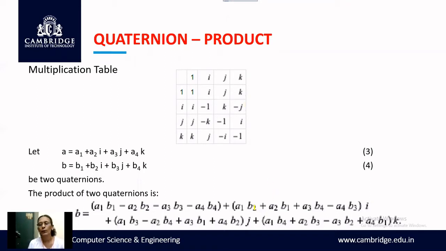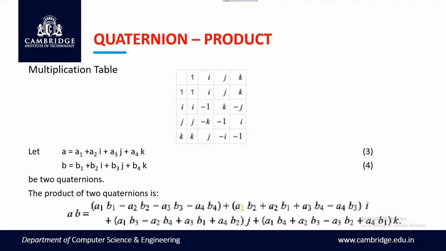Now when you go to multiply the two quaternions A and B, the product is given by this formula. A1 B1 minus A2 B2 minus A3 B3 minus A4 B4, that is your constant part or the real part.